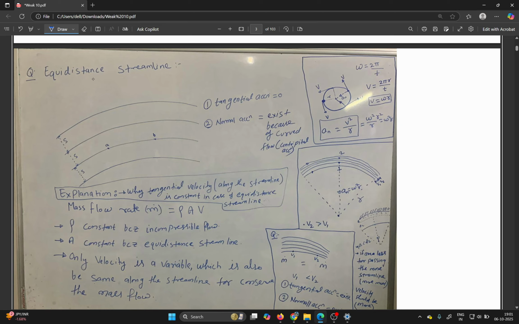As we know, if you have a curved streamline like that, I want to draw here, then the centrifugal force concept will come.